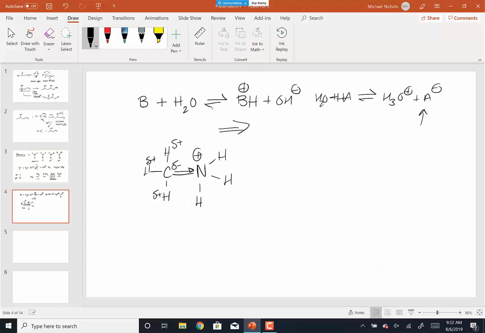That is stabilizing the conjugate acid, pushing the equilibrium to the right. So question number 1, why are alkyl nitrogens more basic than ammonia? Because alkyl groups stabilize N+. Well, we're not there yet. So that was just question number 1.